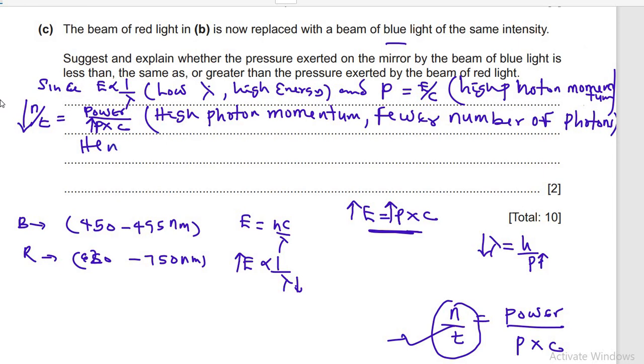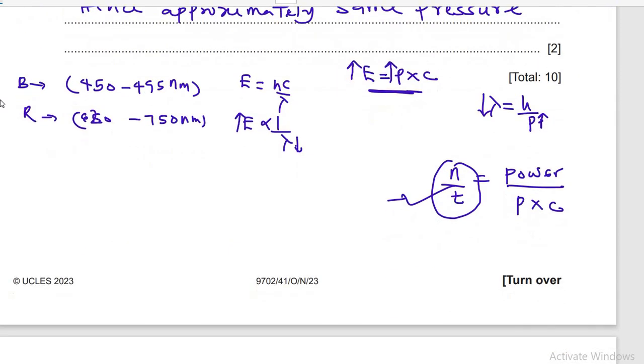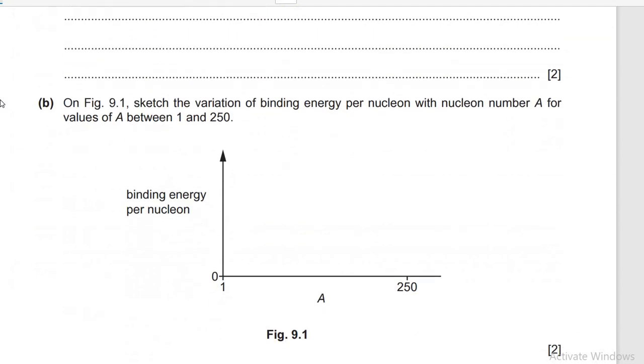Hence, approximately same pressure. Yes, same pressure, because fewer photons are now emitted, which could mean lower pressure, but this is offset by the high photon momentum. That will be the same pressure. That's it.